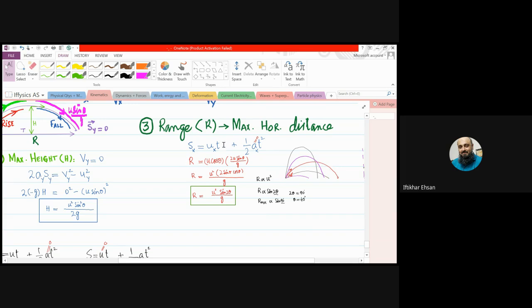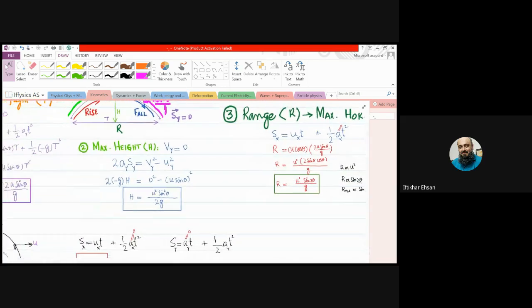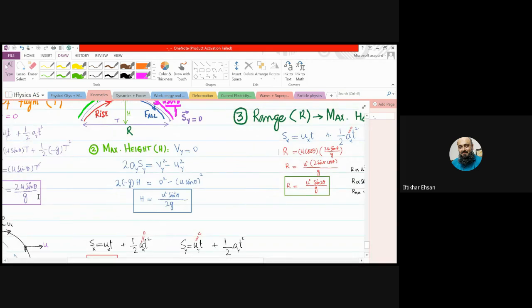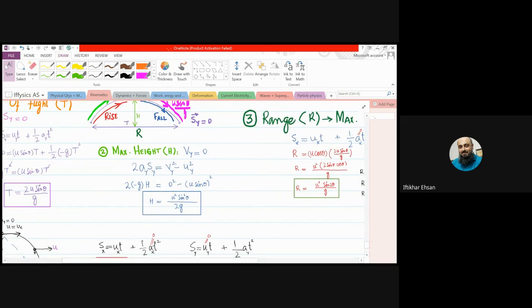And isn't that called the time of flight, which we calculated here? So we substitute that time here, 2u sine theta over g. Now u multiplying with u gives you u square.